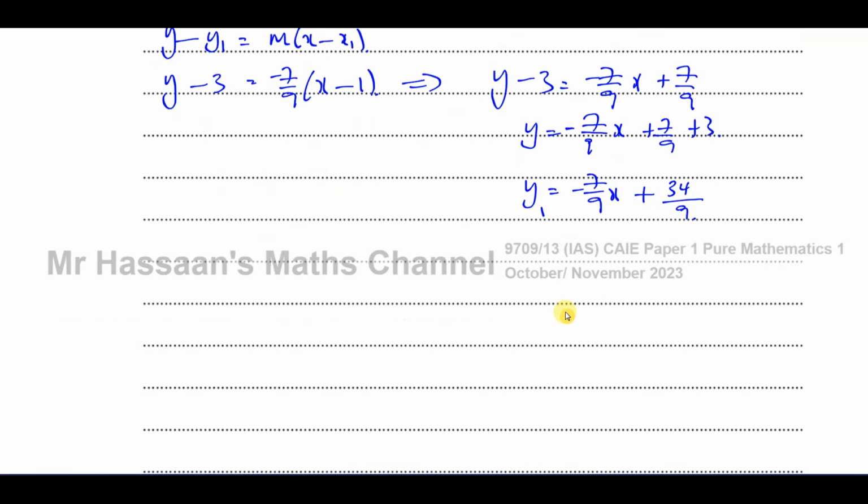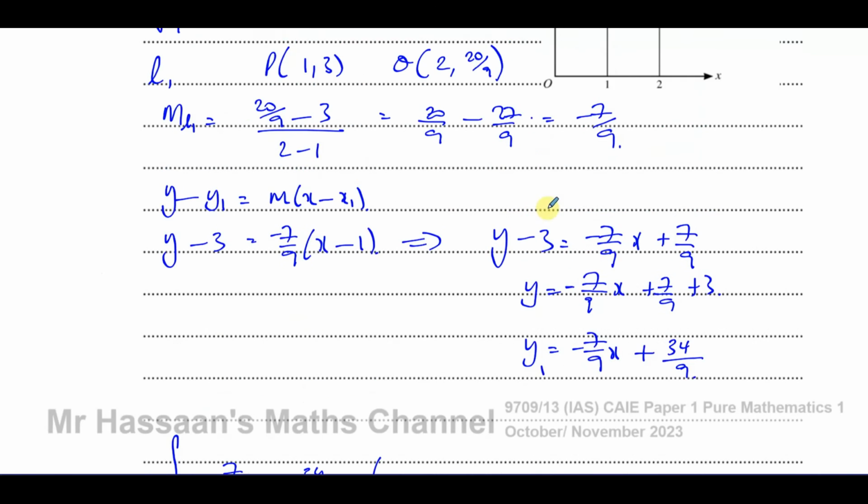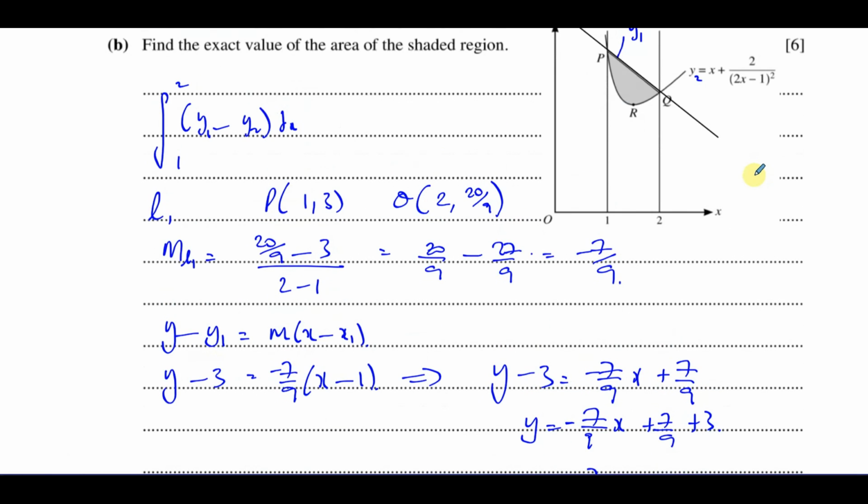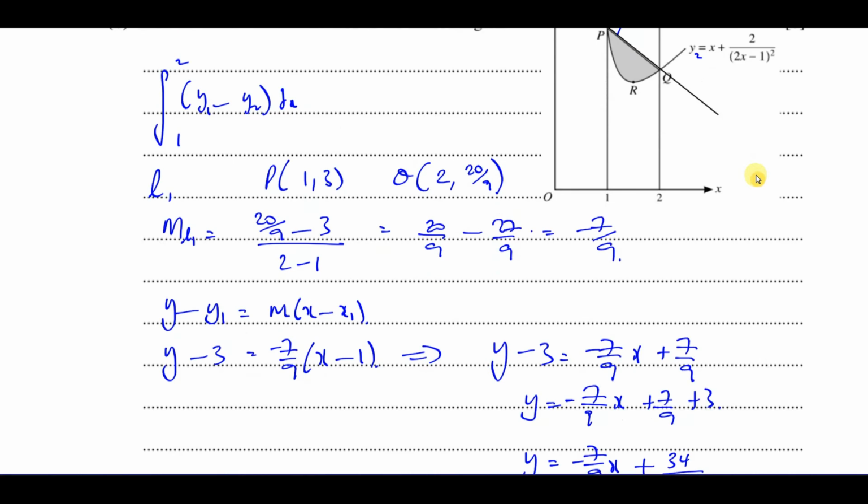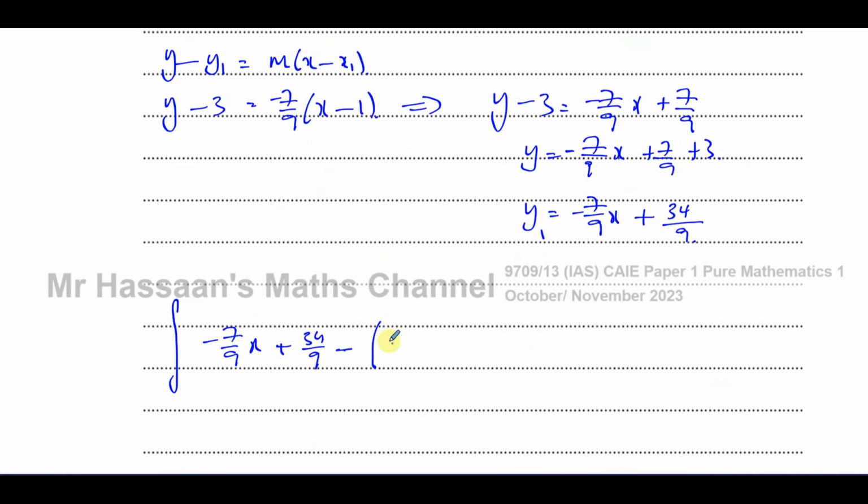So now we can integrate. We can say that minus 7 over 9x plus 34 over 9 minus, and then we have our equation, which is x plus 2 over 2x minus 1 squared, all of that integrated with respect to x between 1 and 2.